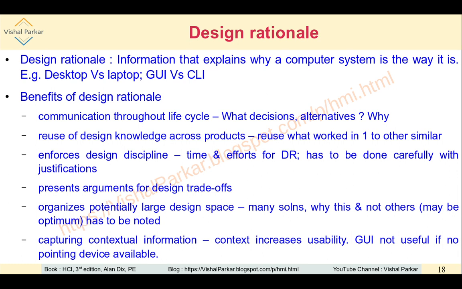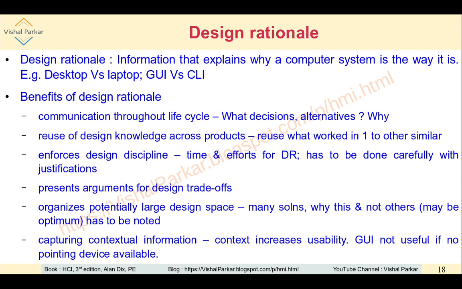It presents arguments for design trade-offs. There are trade-offs made throughout the design process, as just discussed previously. Something may be chosen over some other thing because of various limitations, or maybe the client had said to choose that.